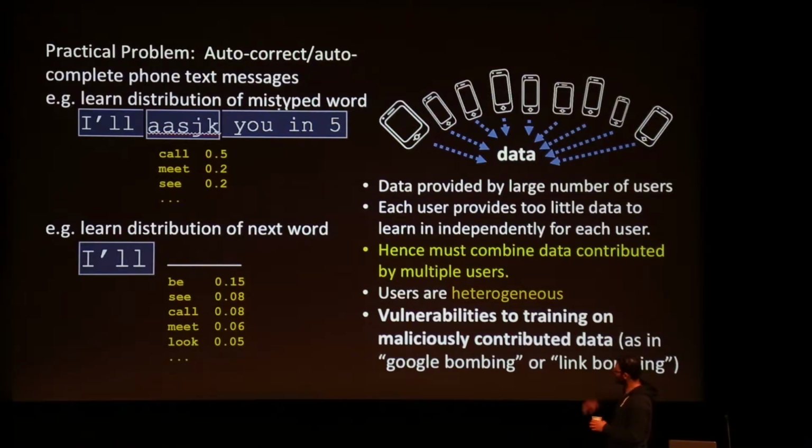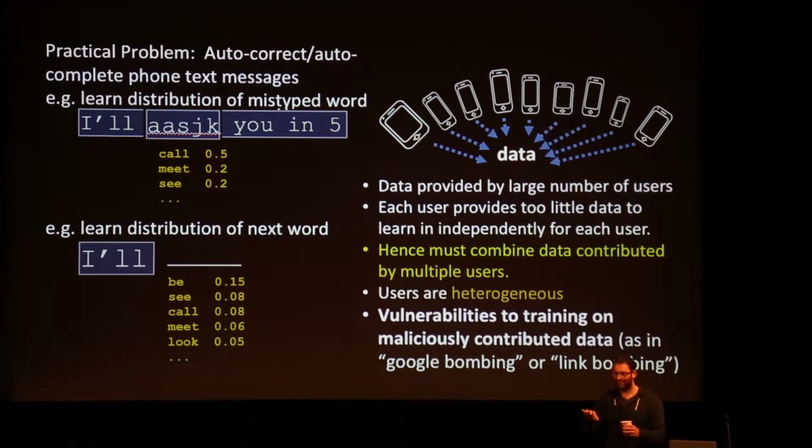In this talk, we're going to focus on the following. There's a so far unexploited, but presumably fairly real vulnerability to training on maliciously contributed data. If you think back to 2005, 2006, there was all this talk of Google bombing or link bombing. This maybe culminated in 2007, maybe? No, 2004? I don't know.